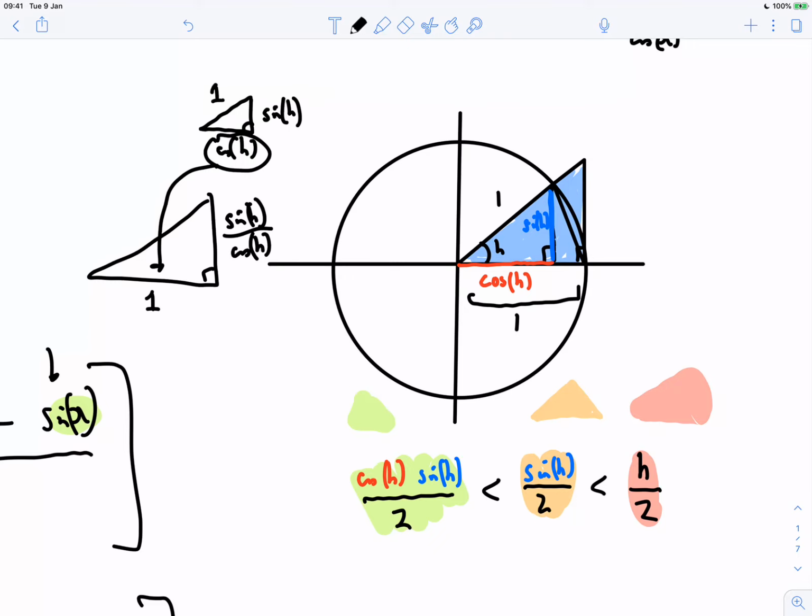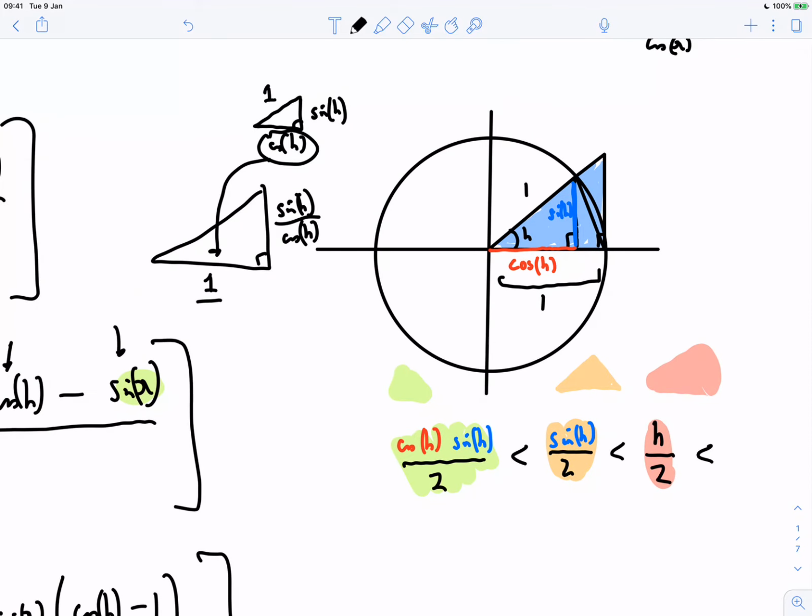So now the largest triangle is just going to be half of base, which is 1, times by sine h over cosine h. So this is the biggest one, so this is going to be sine of h over 2 lots of cosine h. And that corresponded to the largest triangle outside of the circle.